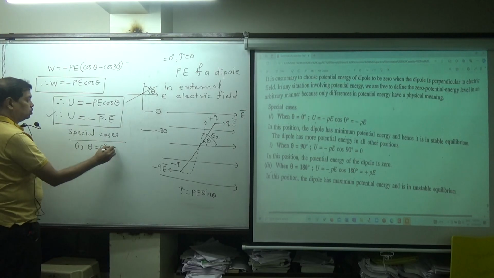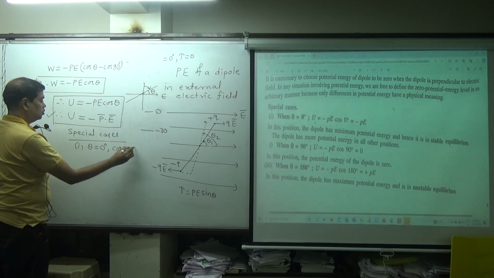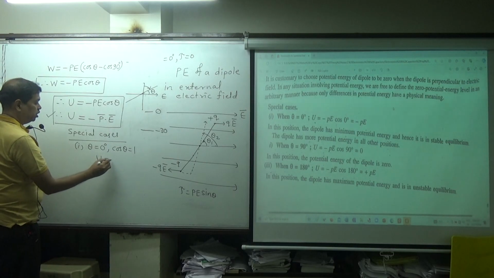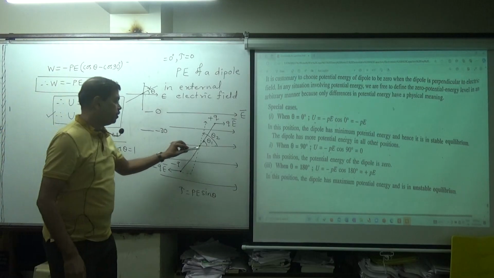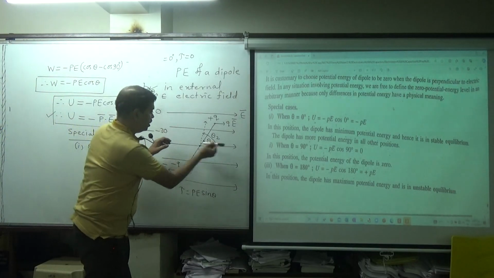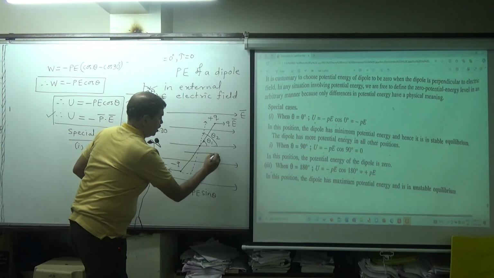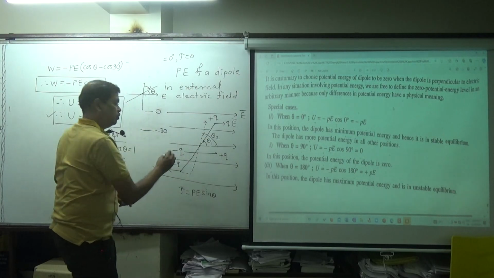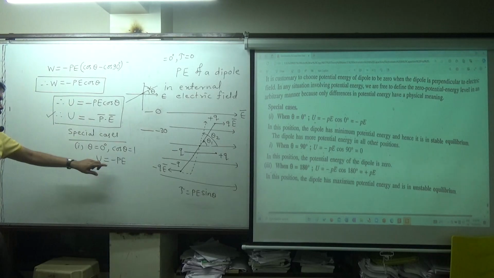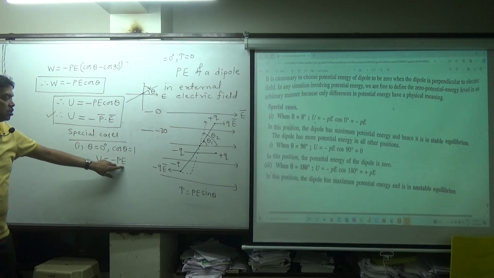Theta equal to 0 है तो cos theta will be 1. तो u is equal to minus p. Theta equal to 0 means क्या? The dipole is in the direction of the field. मतलब dipole ऐसे है, plus q इस साइड में and minus q इस साइड में, p इस साइड में. So potential energy उसका minus p.